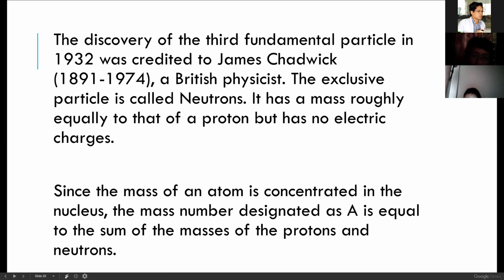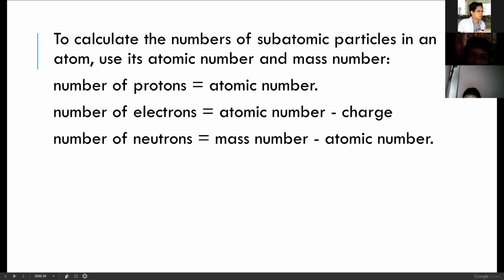The arrangement of these in the orbit of an element. What else? We also discussed the atomic models. We also discussed how to get the number of protons, the number of electrons, and the number of neutrons in a particular element.